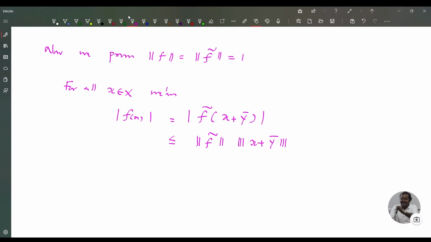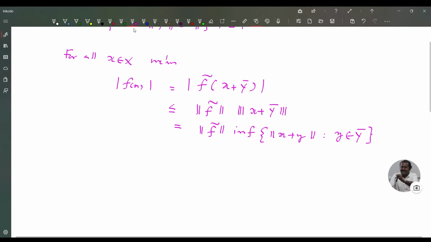So this is equal to norm f tilde into the quotient norm of x plus Y closure, which is the infimum of norm x plus y such that y belongs to Y closure. So this is less than or equal to norm f tilde into norm x, since 0 belongs to Y closure.